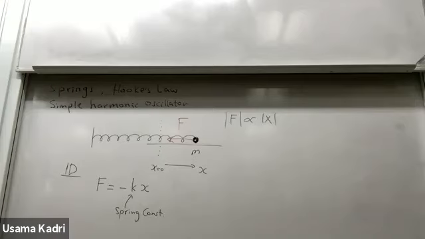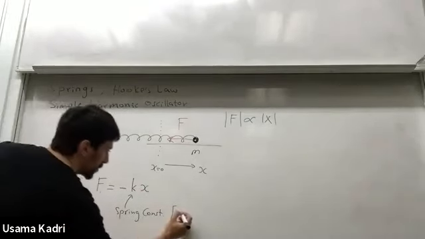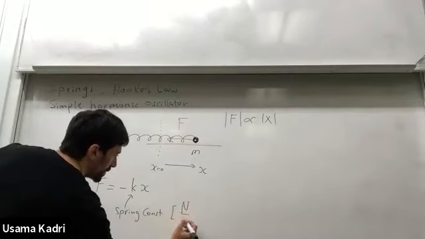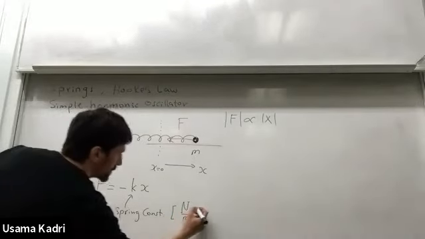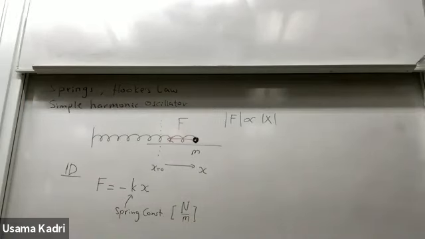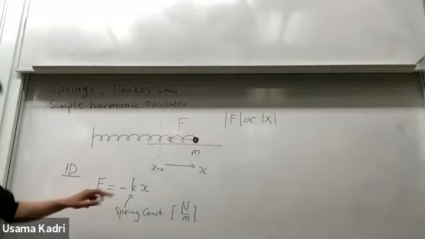Okay, and the spring constant, you can immediately see the units, right? It's Newton per meter. Now, why is this minus sign here?